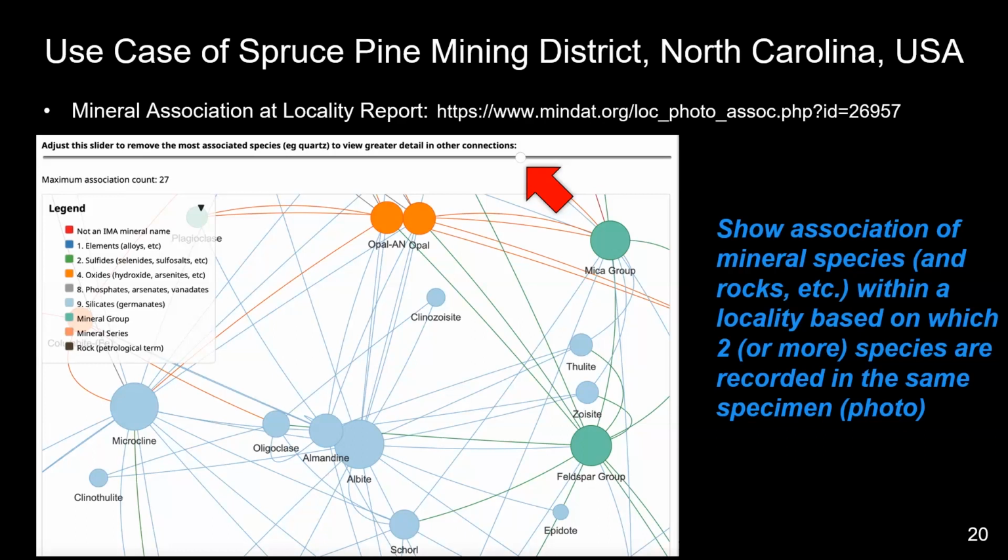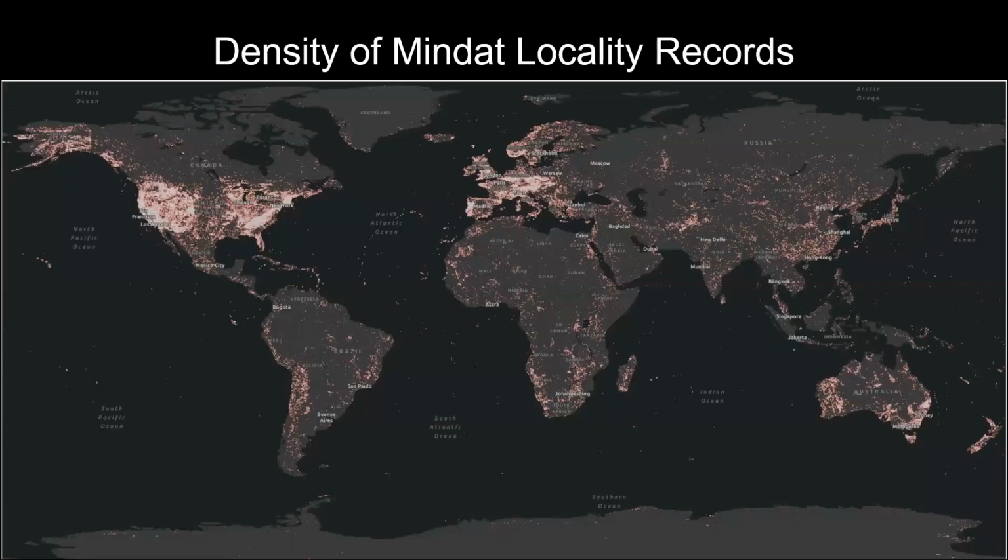So that's some work we have been doing in the recent 3 years. As I mentioned, MinDat is such a big database, but still, when we look back at the records, we can still see sometimes what we even call a bias of the records.